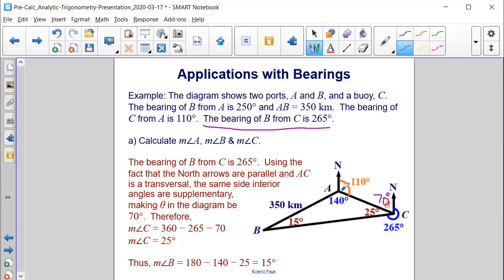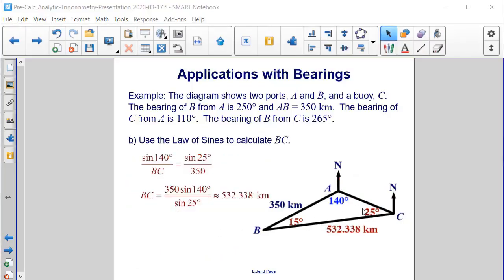So therefore, to find the measurement of angle ACB, I can take 360 and subtract 265 and 70 from it to get its measurement, which is 25 degrees. And then since all of the angles in a triangle sum to 180, we can subtract 140 and 25 from 180 to get the measurement of angle B, which is 15 degrees.